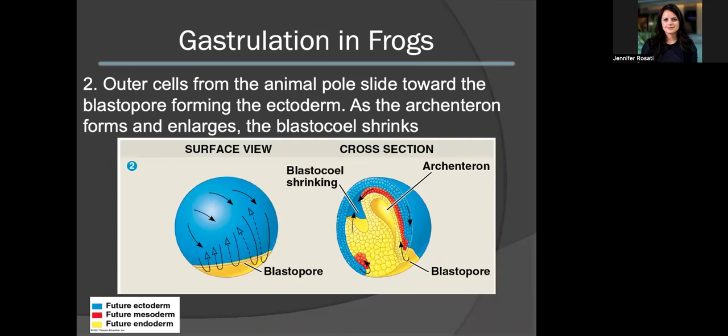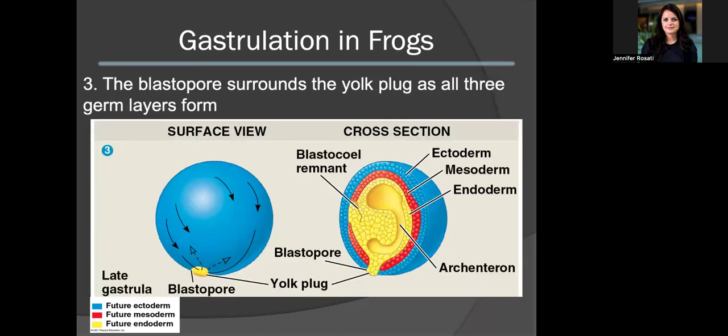The archenteron will then form and enlarge as the blastocoel begins to shrink. The blastopore surrounds the yolk plug as all 3 germ layers form: ectoderm, endoderm, as well as mesoderm. Note the presence of the archenteron as well, and the remnants of the original blastocoel in the blastula.